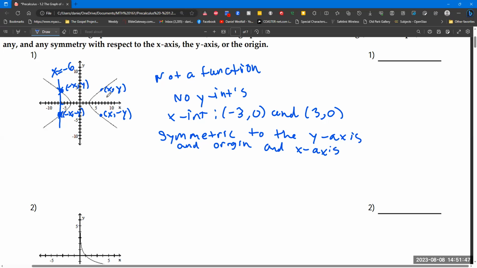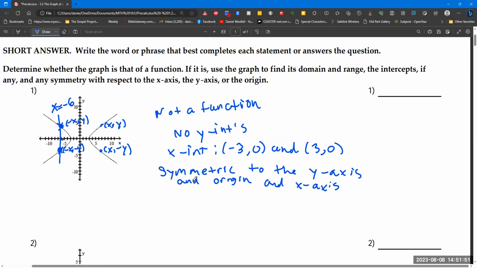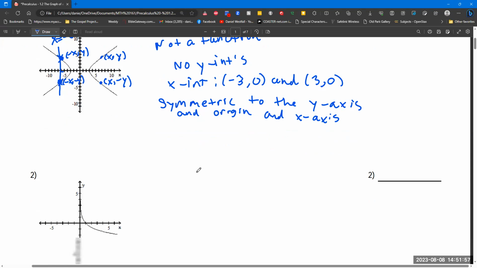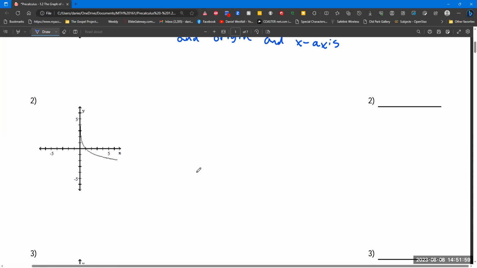So it looks like it has all three kinds of symmetry. It's not a function, so I'm not going to talk about its domain and range. Let's move on to the next graph here.